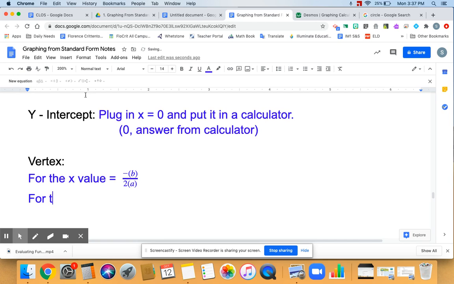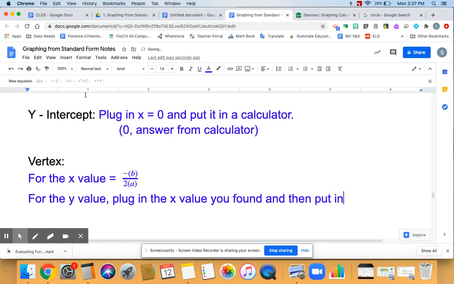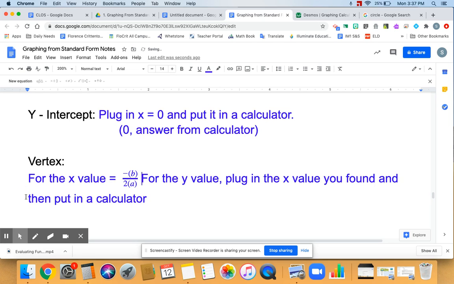Then, to get the y value, you have to plug in the x value you found and put it in a calculator. So as a point, that's the x value, comma, and then for the y value, you plug in the x value.